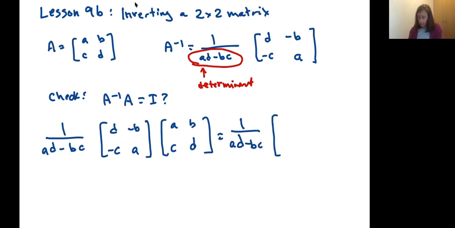I get DA minus BC for the 1, 1 element. I get DB minus BD for the 1, 2 element.